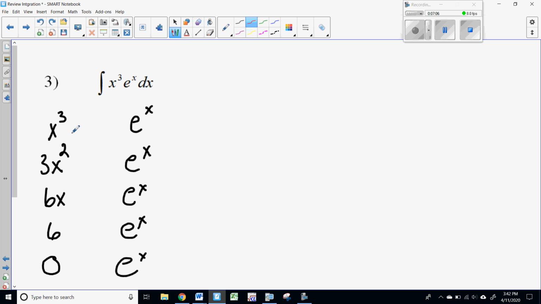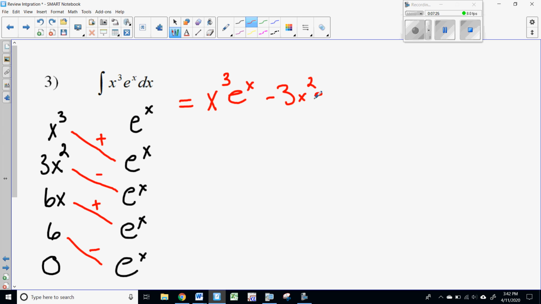Now with our tic-tac-toe method, the first diagonal is a plus, the second diagonal is a minus, the third diagonal is a plus, the fourth diagonal is a minus. So we get x cubed e to the x minus 3x squared e to the x plus 6x e to the x minus 6 e to the x plus c.